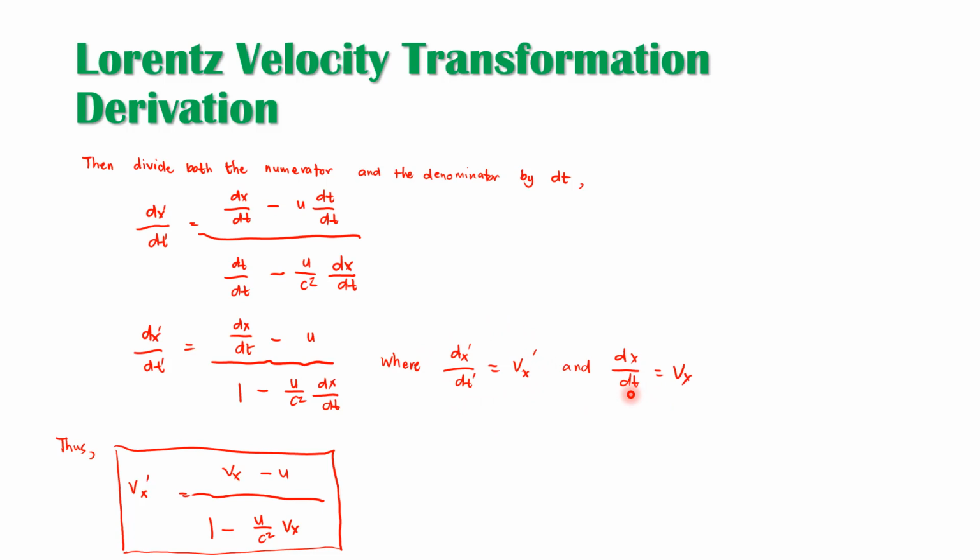And dx over dt is just equal to v sub x, the velocity as measured by the observers in S. Substituting this into our equation, we get v sub x prime is equal to v sub x minus u divided by 1 minus u over c squared multiplied by v sub x, which is exactly the same as the equation that we had in the previous slide.